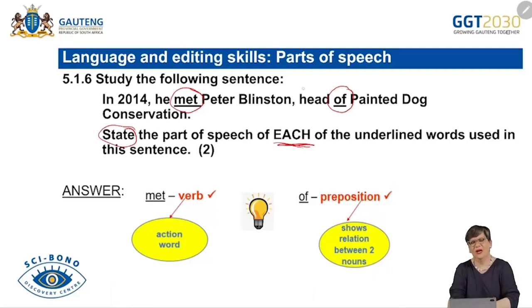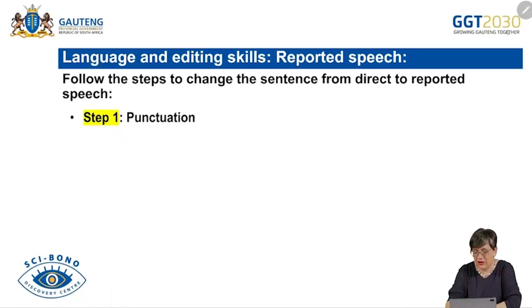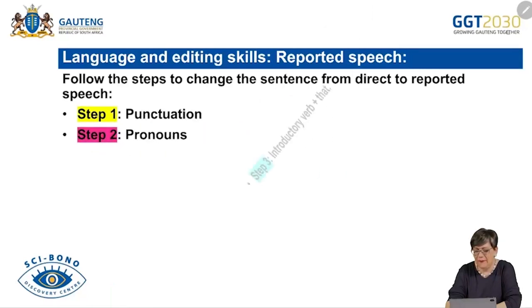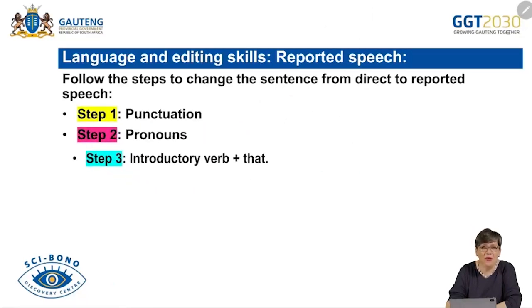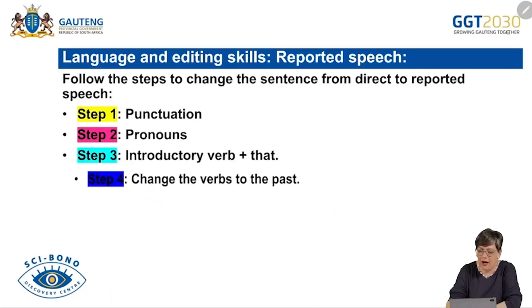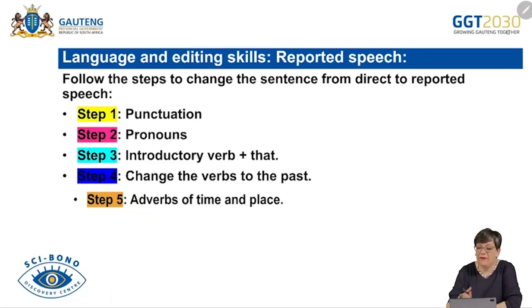Reported speech. Oh, and I know reported speech can be so difficult at times. Let's run quickly through the steps that you have to take. Now, it's actually very, very easy if you just follow it step by step. Now, there are 5 steps. You have to change the punctuation, pronouns, your verb, change your verb into the past, and then adverbs of time and place.